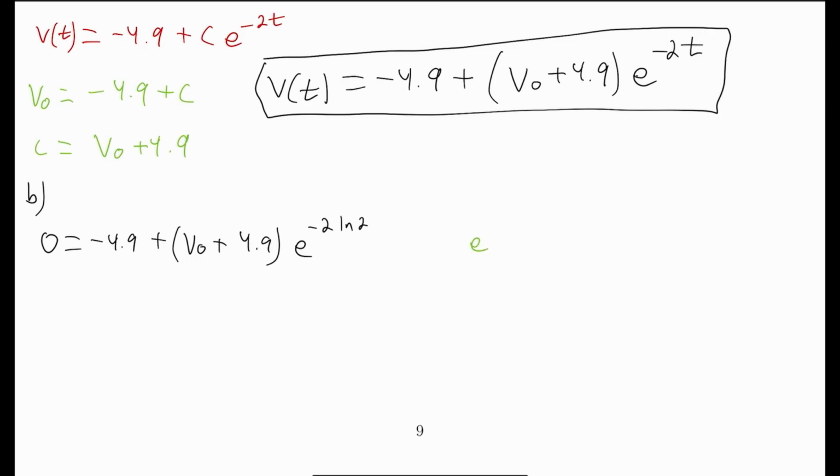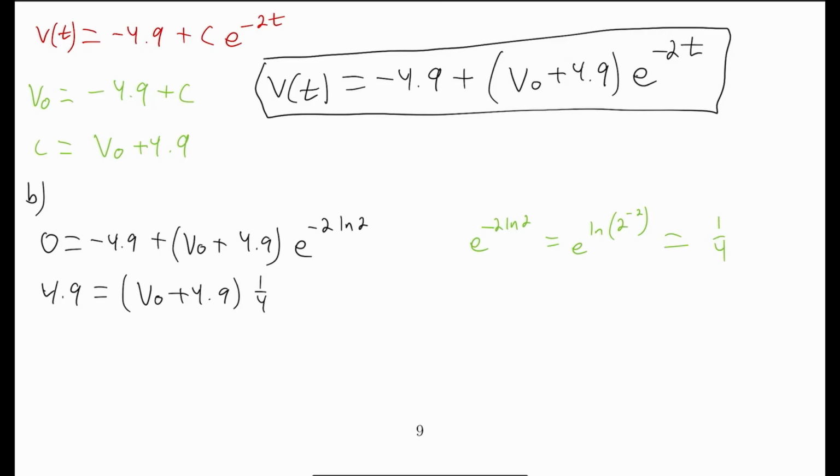Notice here that e to the negative 2 ln 2 is equal to e to the ln 2, to the negative 2, which is just equal to 1/4. So we can plug that in and we can move the 4.9 over to the left-hand side. We get 4.9 is equal to v naught plus 4.9 times 1/4.